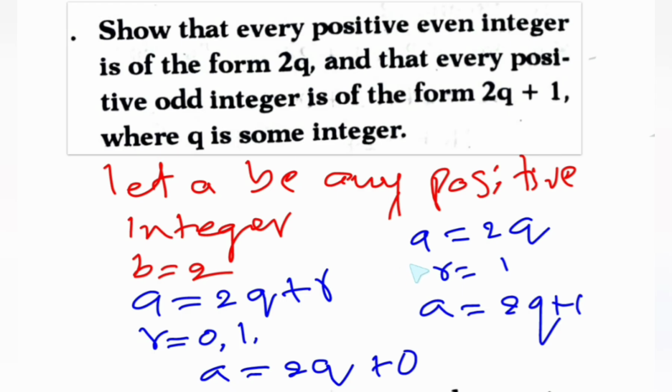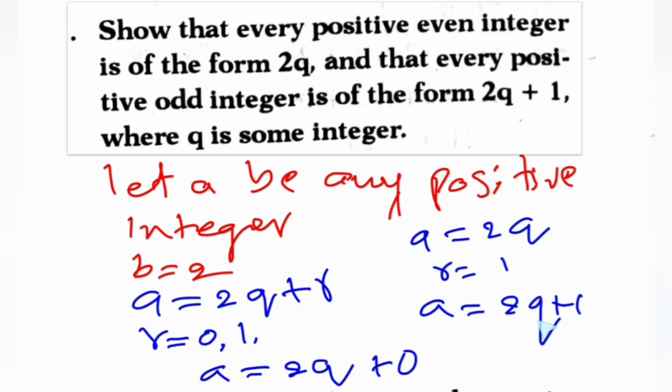Therefore if a is of the form 2q, that means q is equal to 1, 2, 3, 4, any value, then a is an even integer. If we substitute q equal to 1, 2, 3, 4, 2 into 1 is 2, 2 into 2 is 4, then 6, like that we will get a values. All these are even integers.